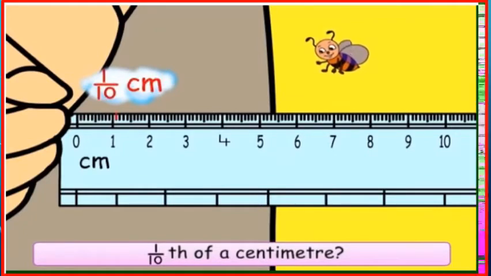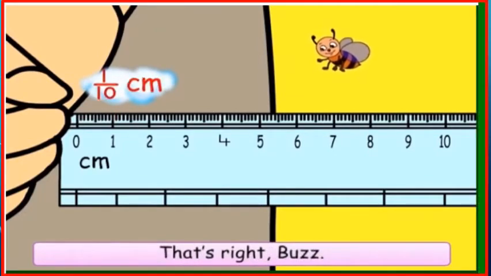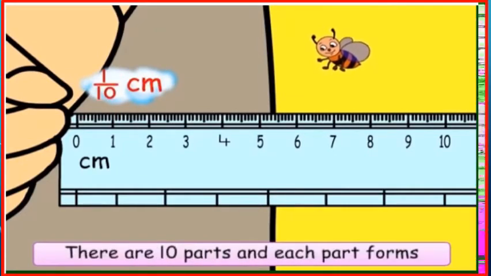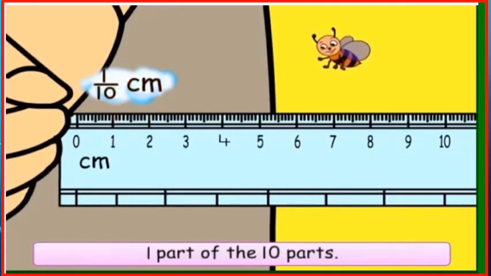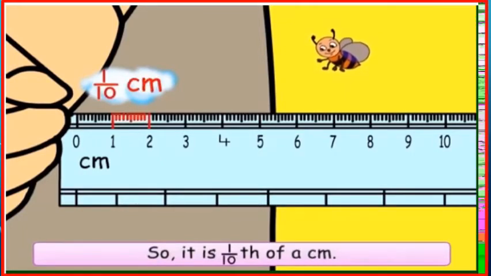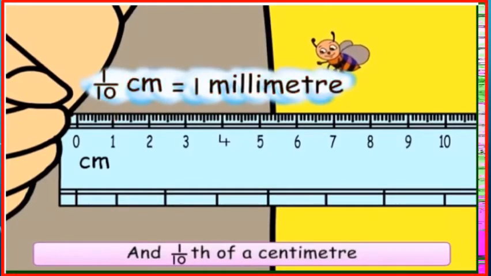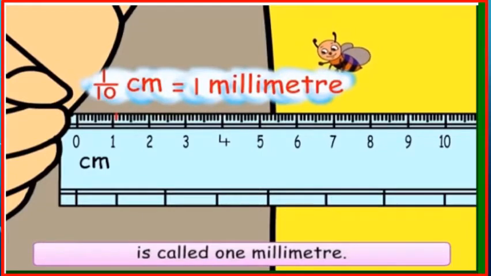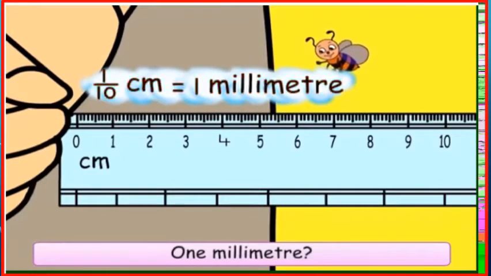1/10 of a centimeter? That's right, Buzz. There are 10 parts and each part forms 1 part of the 10 parts. So, it is 1/10 of a centimeter. And 1/10 of a centimeter is called 1 millimeter. 1 millimeter?